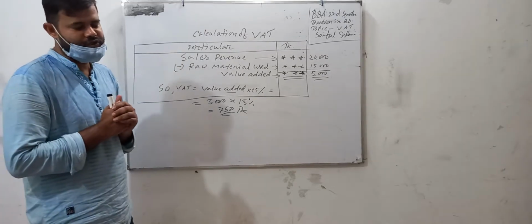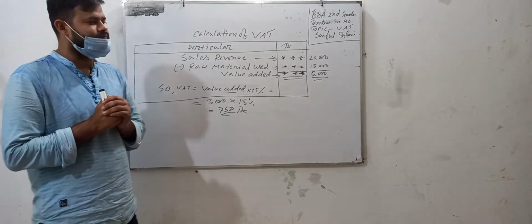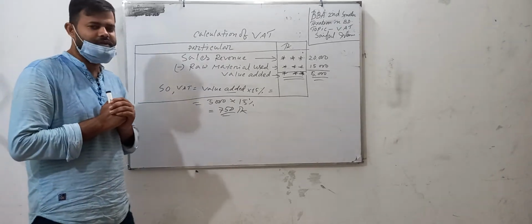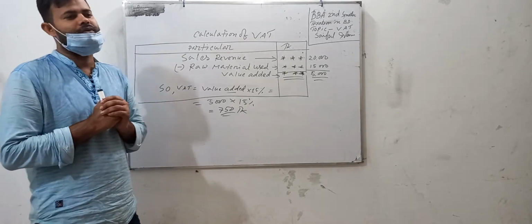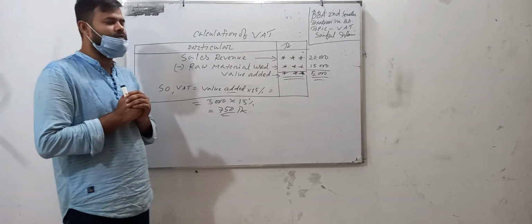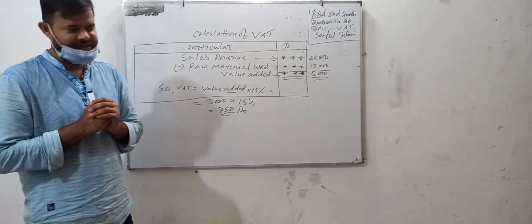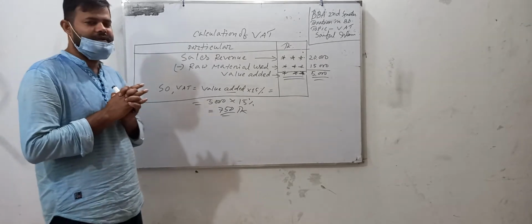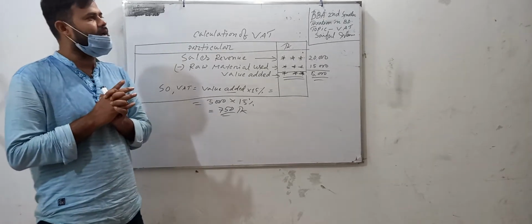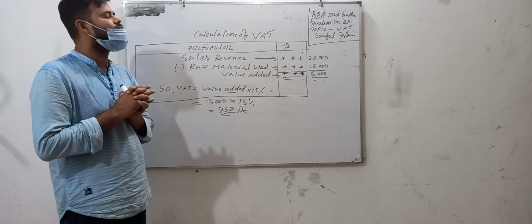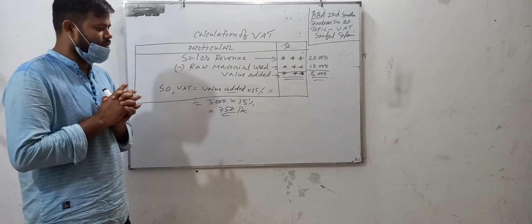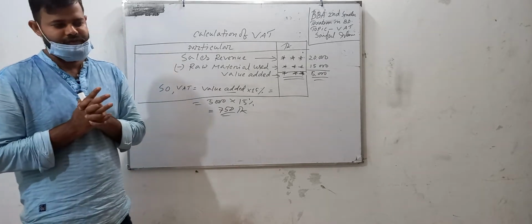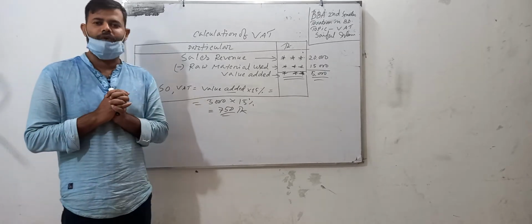Then we get cost of goods manufactured. With that, we add opening work in process and deduct closing work in process. Then with that, we add opening finished goods and less closing finished goods. Then we get cost of goods sold.